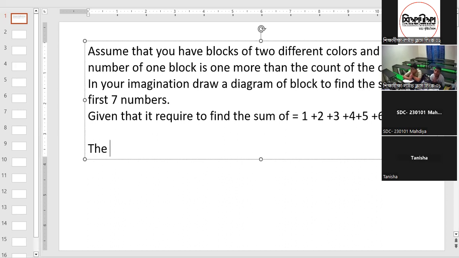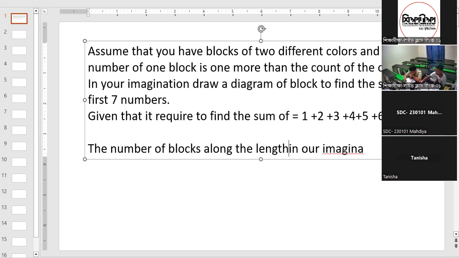Now the number of blocks in our imagination along the length is 7 plus 1 equal to 8, right?